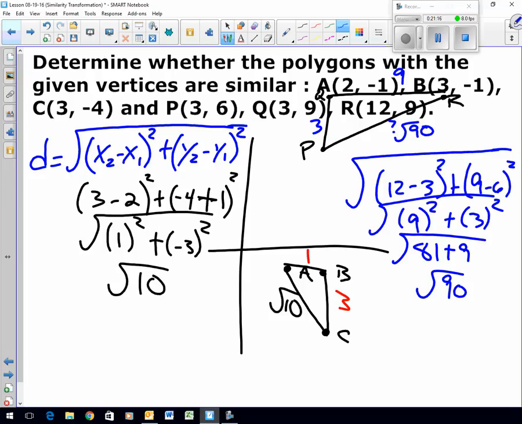Now I take the particular sides of the triangle. A to B, 1 over B to Q, 3. B to C, 3 over 9. A to C, square root of 10 over square root of 90. I can put each of those into my calculator.